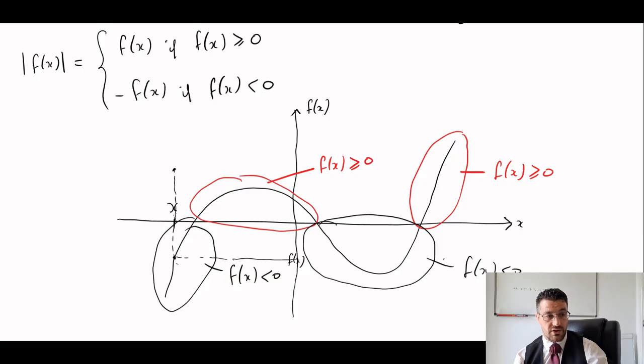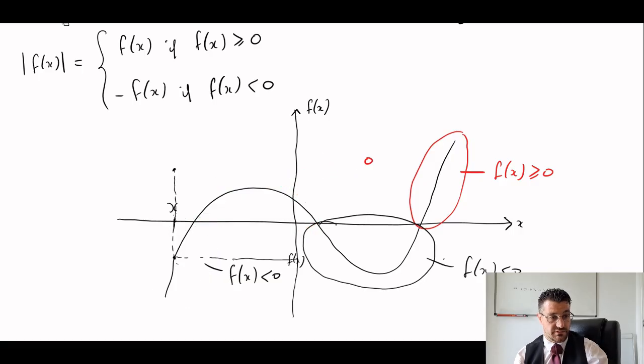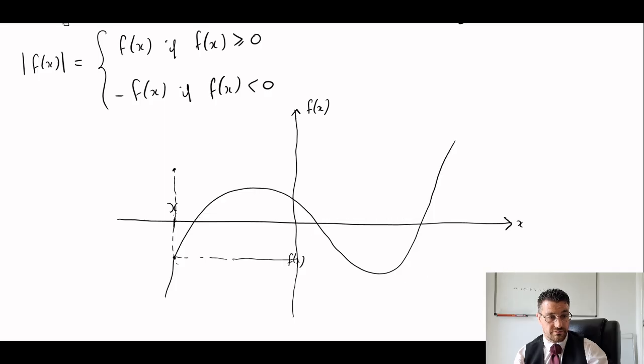Okay, so if I do that for all of these values that are below the x-axis, what am I going to get? Well, let me clear some space. Get rid of all of these bits. What I'm going to get then is, and I'll do it in a different colour, these bits are all going to stay the same.